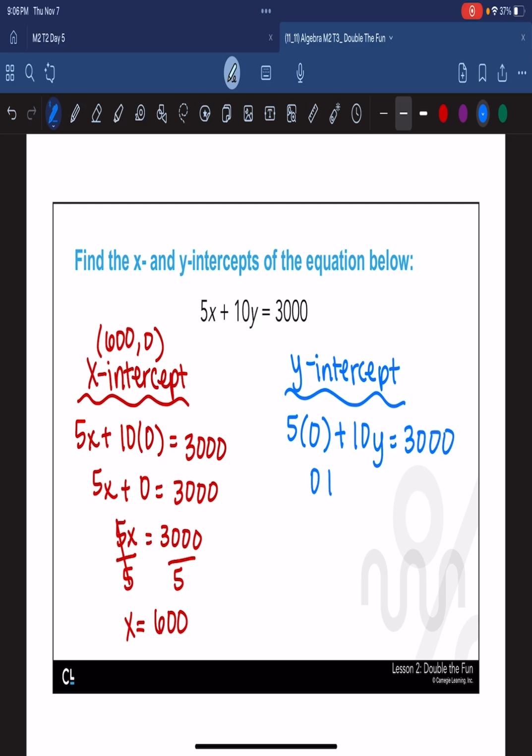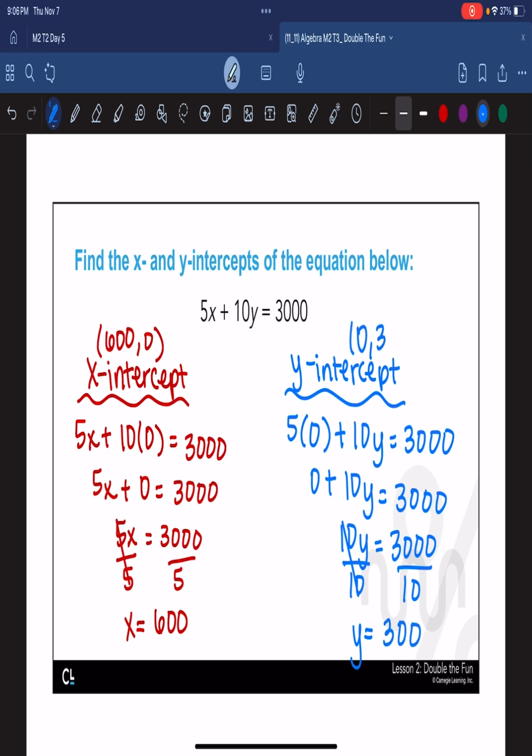So really I have 0 plus 10y equals 3,000, which is really 10y equals 3,000. Then I divide by 10 on both sides. So y equals 300. So my y-intercept is going to be at (0, 300).